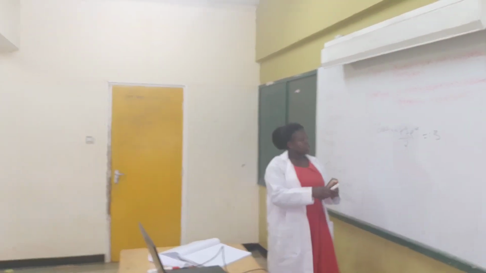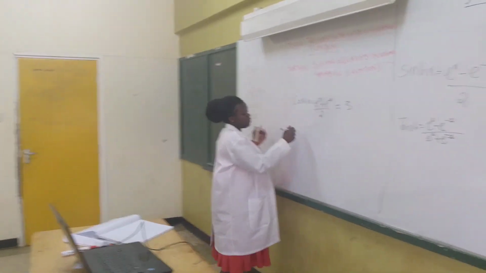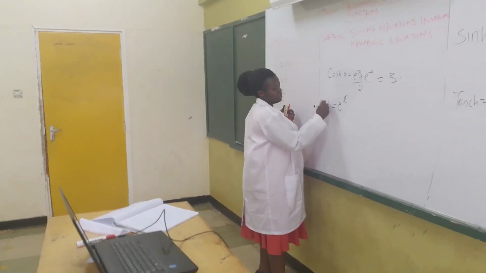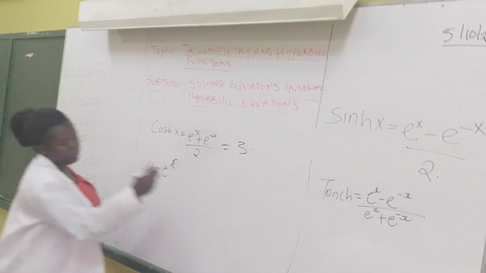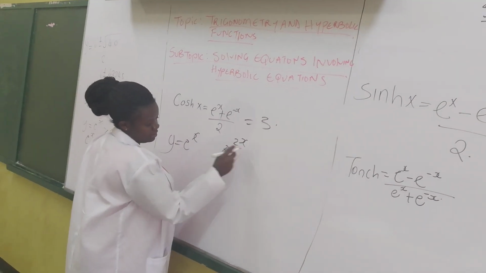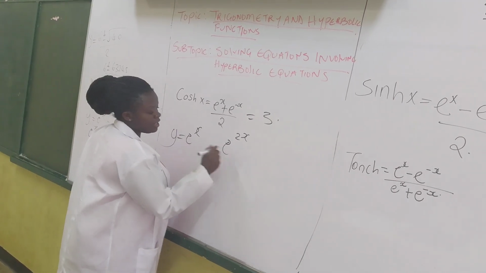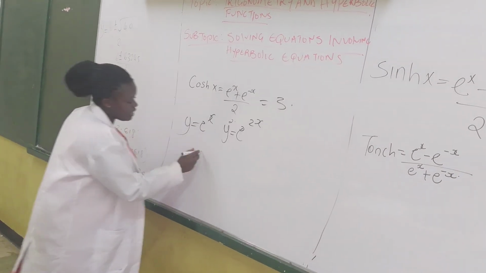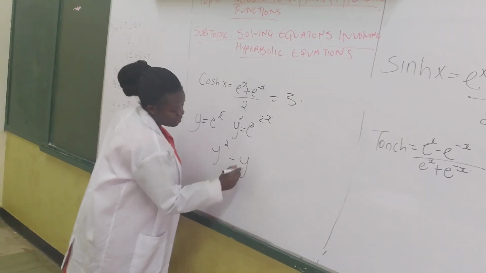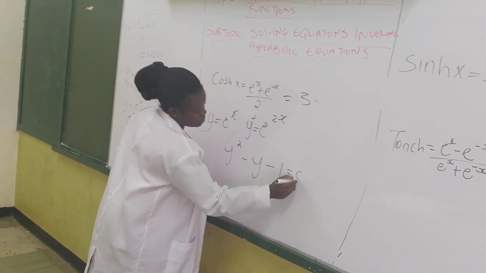You let exponential of x be y. So you will get an exponential of 2x, which will be equal to y squared. So we have y squared minus y minus 1 equals 0.